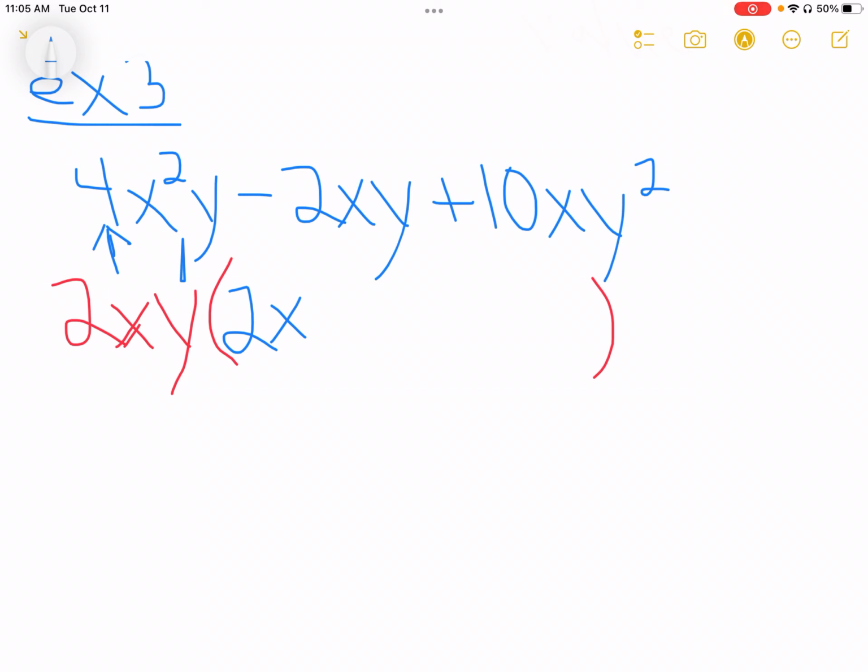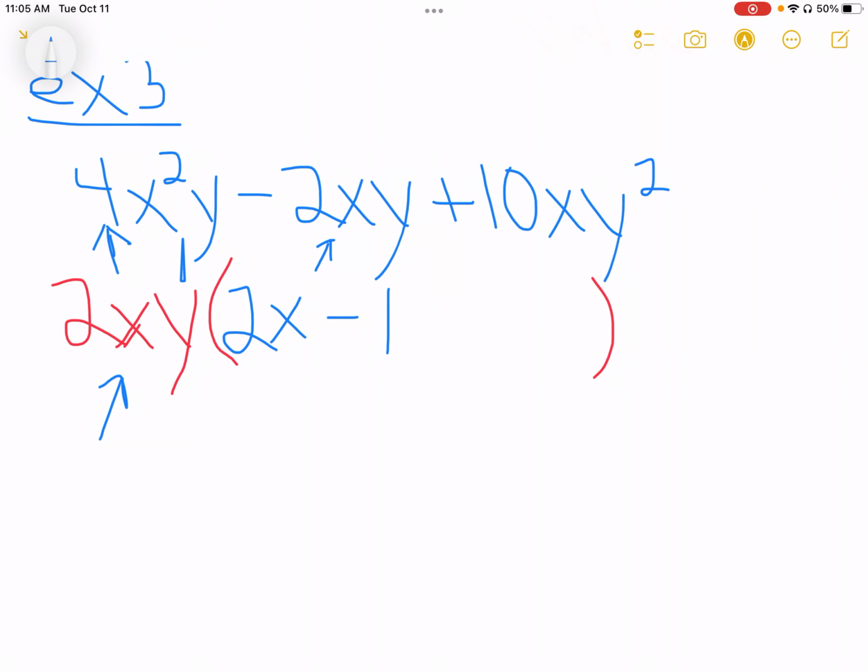Okay, and then this middle one here, you see how I have the exact same thing for this right here as I do up here, right? So when that happens, it means I just have one of those, okay? That's just because if I do 2xy times minus 1, I end up just with minus 2xy.